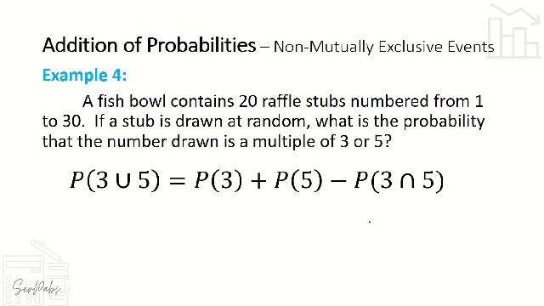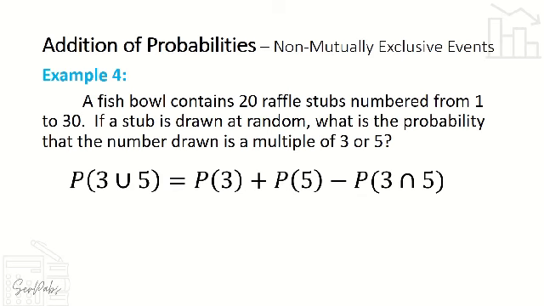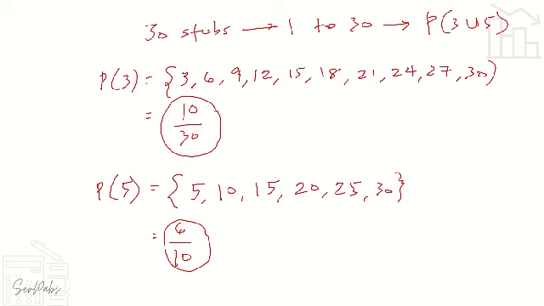So, let's go back with our problem. Ang ating probability to draw a multiple of 3 is 10/30, while a multiple of 5 is 6/30, then minus 2. Bakit nagkaroon ng minus 2?